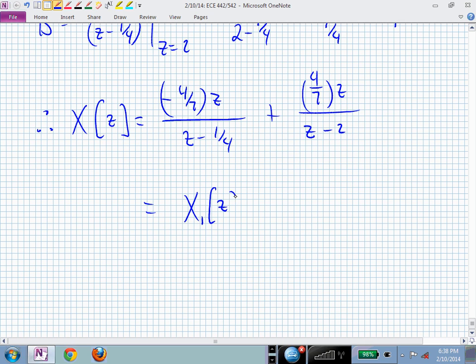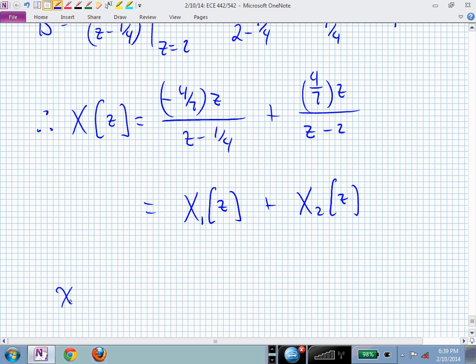And remember, we had an annular region of convergence, so we really need to worry about these two modes corresponding to two different time regions, a non-negative region and a negative region.